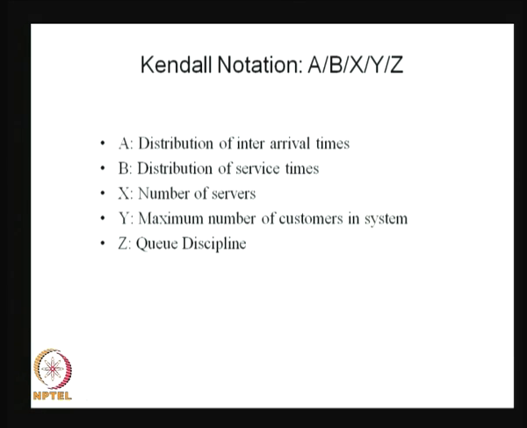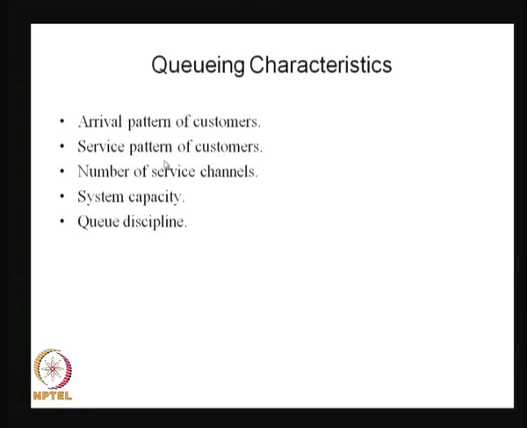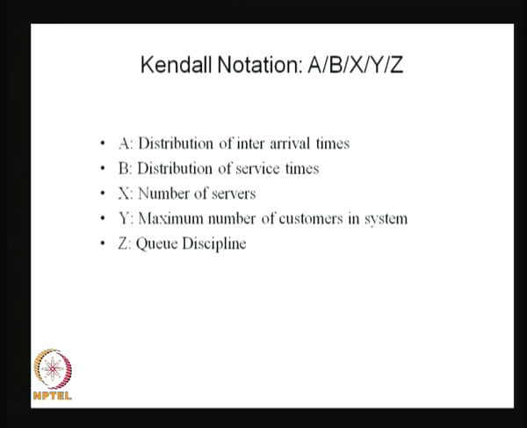The way I have said the characteristics, the first one is arrival pattern, second one is service pattern, and so on, the same way we have given the Kendall notation. So capital A is for the distribution of inter-arrival time, and B is for the service time distribution.